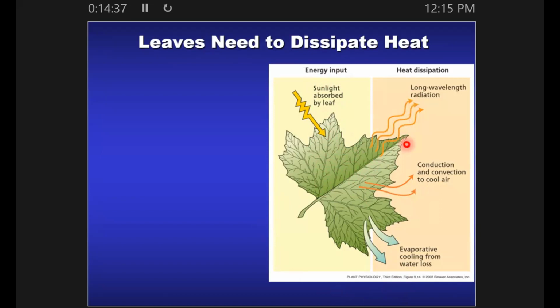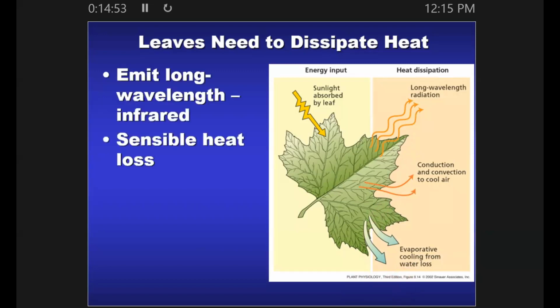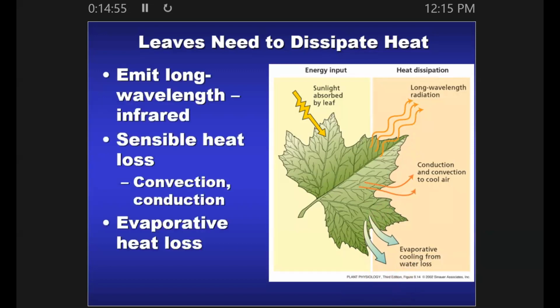You also have conduction and convection currents around the leaf blade that stir up air, and they say that can cool the leaf to some extent. And then, of course, the plant is busy doing transpiration, the evaporation idea. So they have several ways to spill off this extra heat and make sure their leaves aren't getting too heated up.